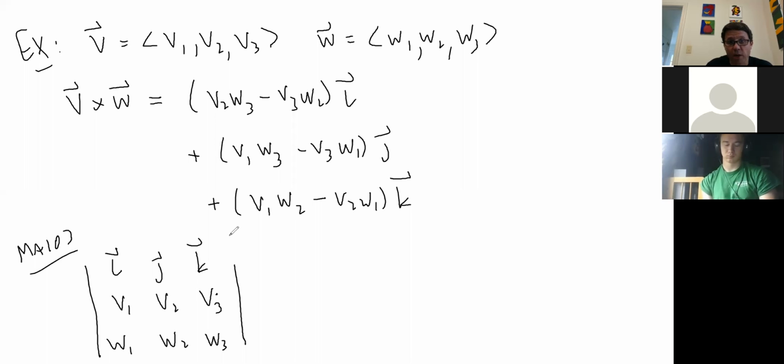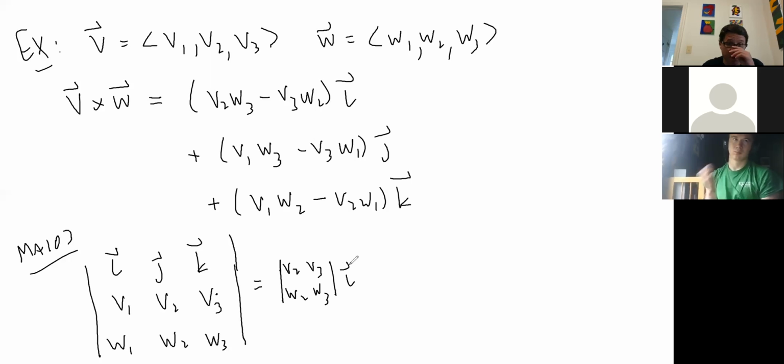So if that rings a bell at all, this thing is called a determinant, and all of these things are called cofactor expansions of the determinant. Now we're definitely going way back here, but from Math 103, I'll write it like this, v2, v3, w2, w3, that little subdeterminant in the i direction.